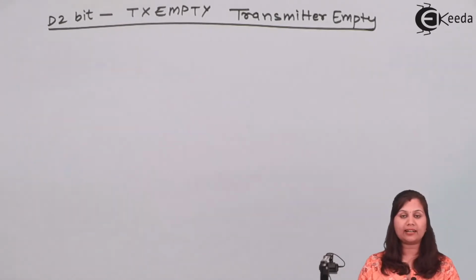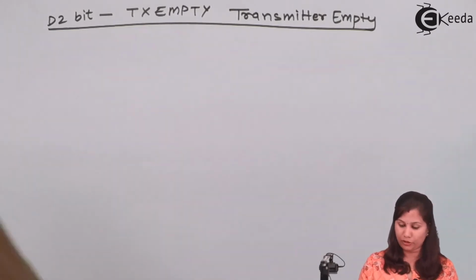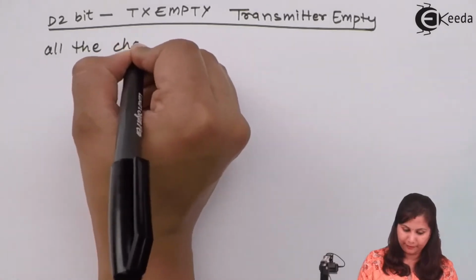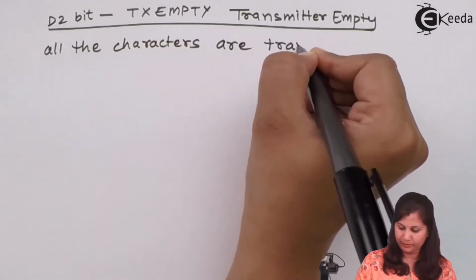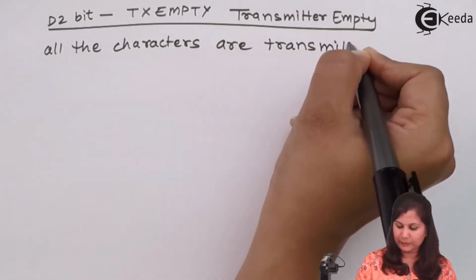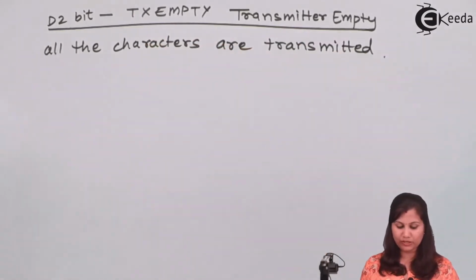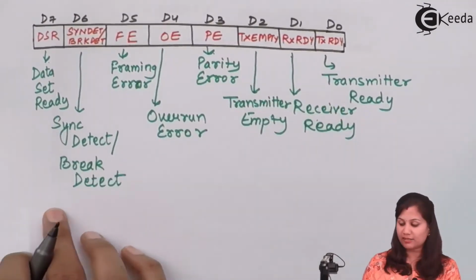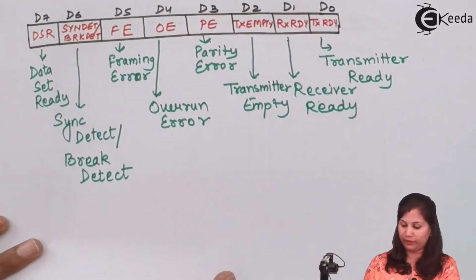It indicates that all the data characters which were with the 8251 have been transmitted. When all the characters are transmitted, this pin will be set, and it can be set or reset by using this D2 bit. The microprocessor can read the status of this pin using the D2 bit of the status word.